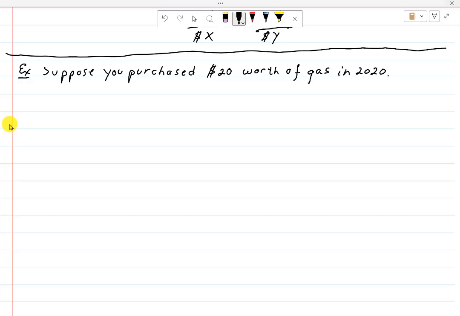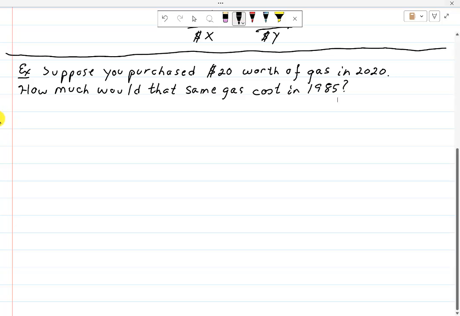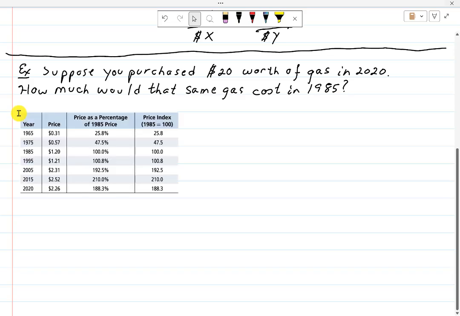How much would that same amount of gas have cost back in 1985? So I have a table that I want to reference here. And let me make it a little bit bigger.